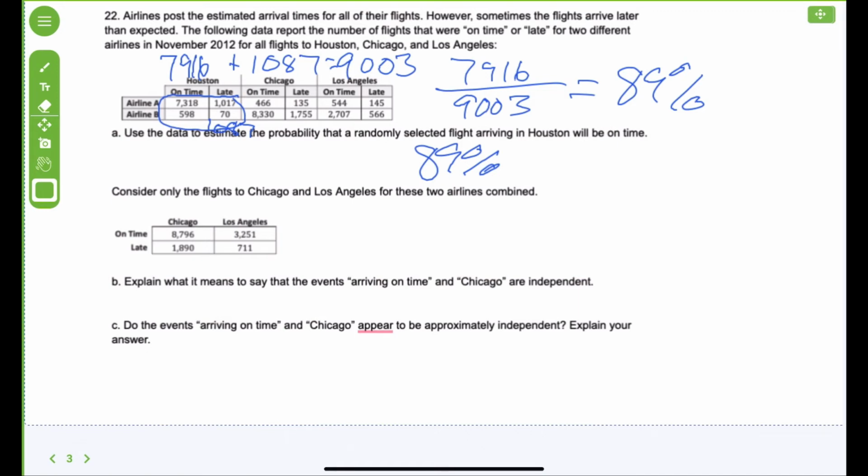It would not matter whether you're flying into Chicago or you're flying into Los Angeles. Both of those are going to be the same. So we're just going to say it doesn't matter where you're flying. That's what that would mean.